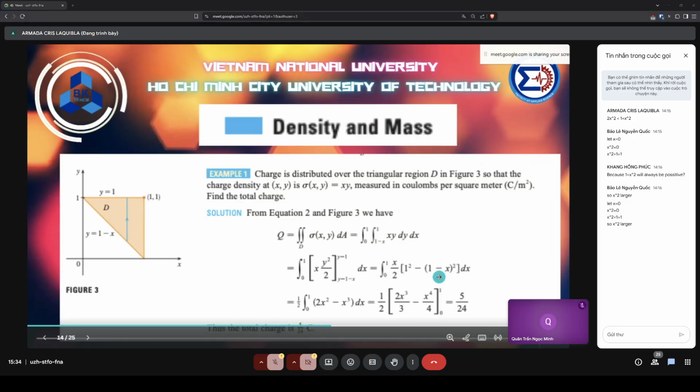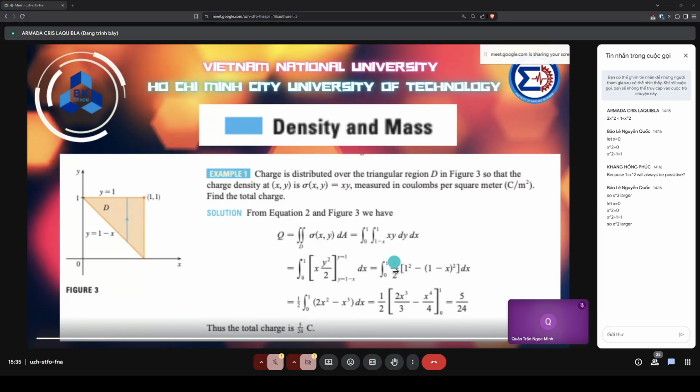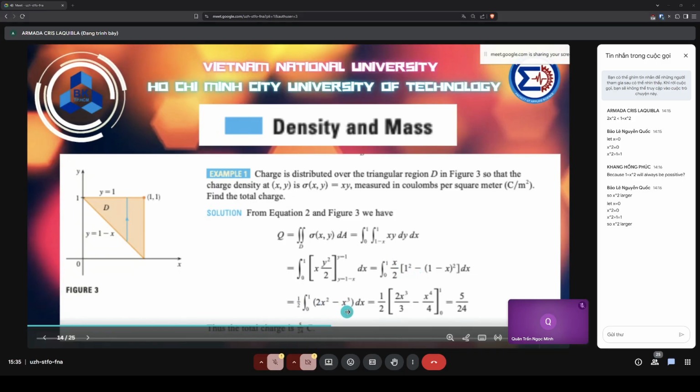Then change the sign there, it becomes minus 1 plus 2x minus x squared. So it becomes just 2x minus x squared. Then there's an x here. Then multiply the x there. It becomes 2x squared minus x cubed.